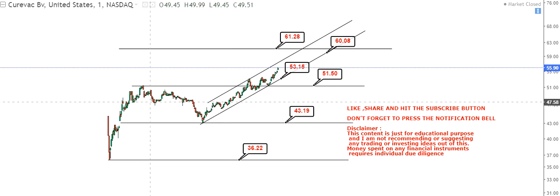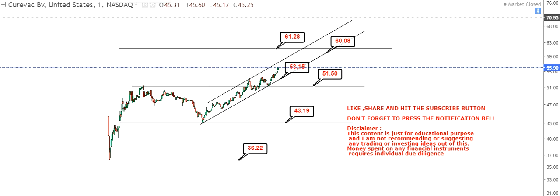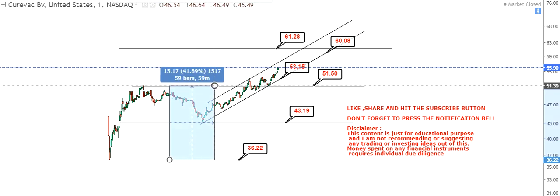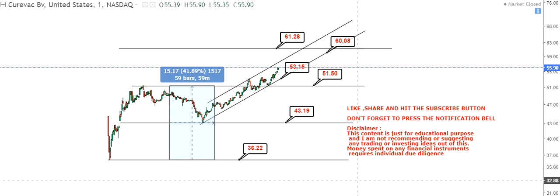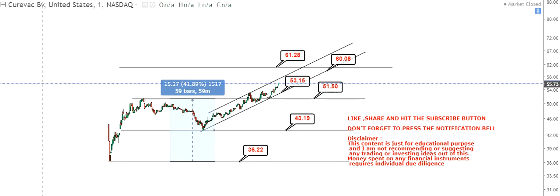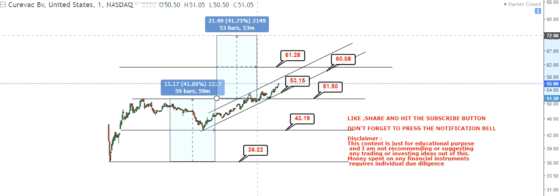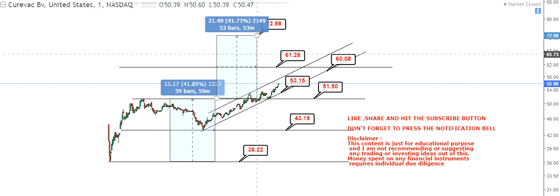In that case, I'm not going to give any trend direction, but if the stock does break out above 61.28, then the next probable target which the stock could reach is this one, which is around 72.